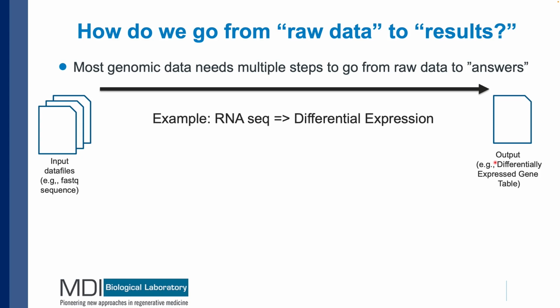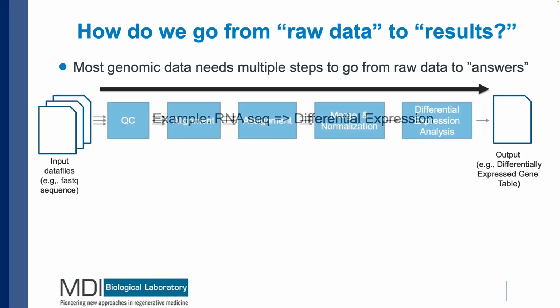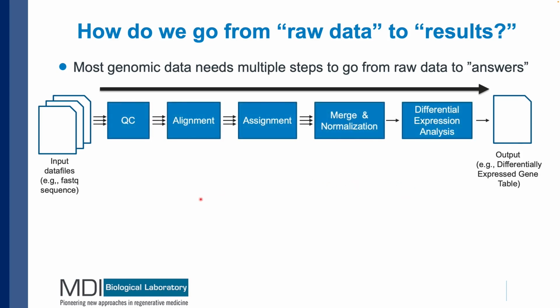To demonstrate that, we'll take the simple example of RNA-seq, from which we would want to get differential expression, as would be implied by the data files here. In order to do this processing, we usually see at least 5 or 6 steps.